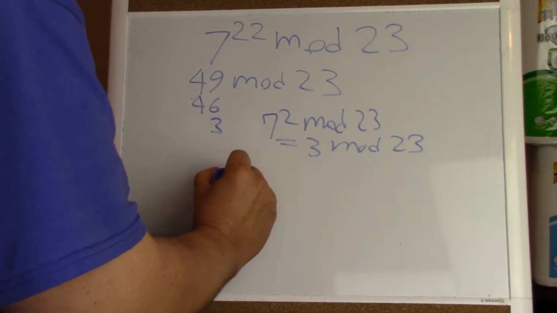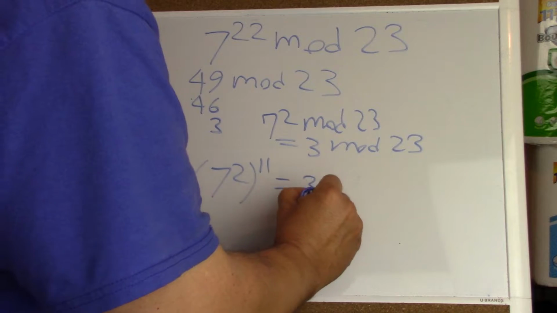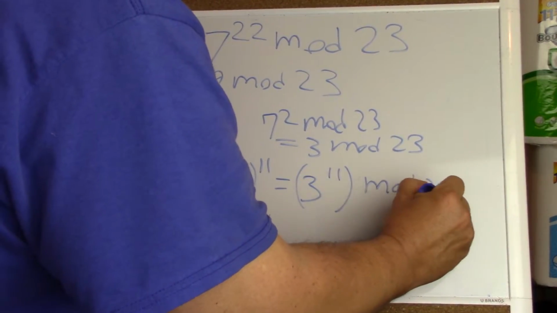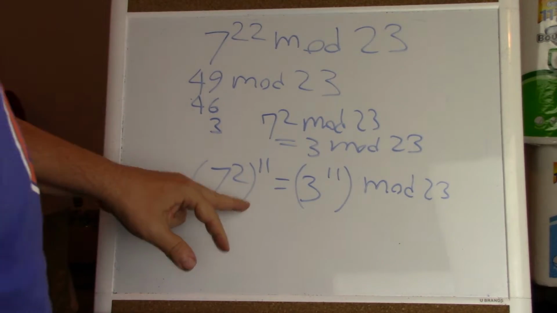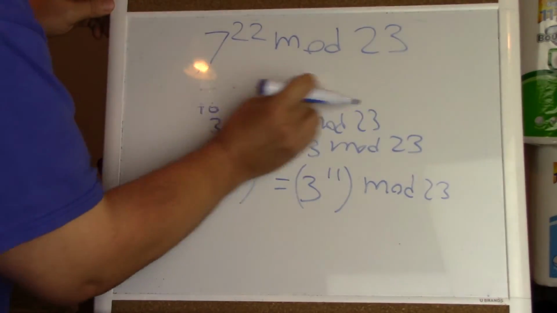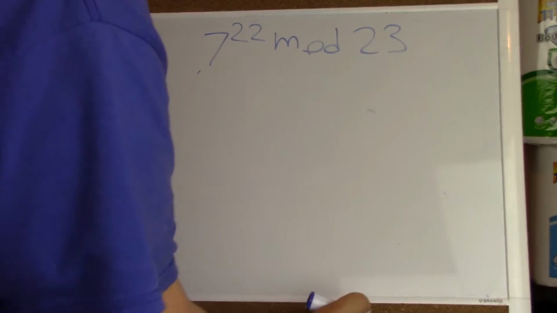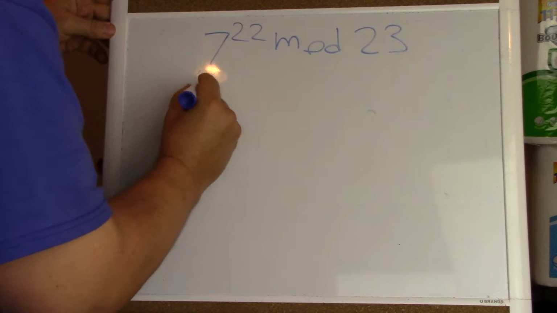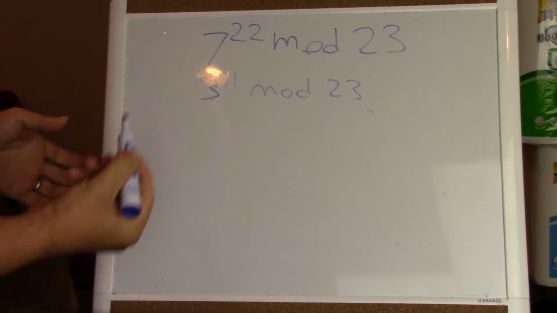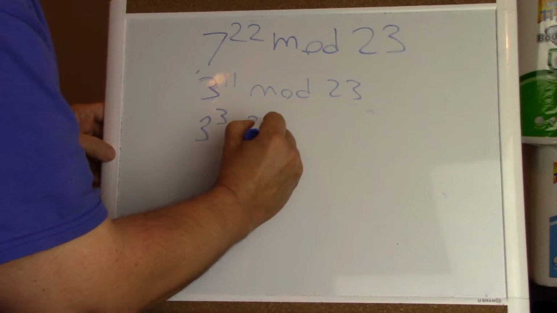That means that 7 squared to the 11 power is equal to 3 to the 11 power mod 23. That's what we really have here. Okay? So let's just take it and do it. So 3 to the 11 mod 23. How about we do 3 cubed, which equals 27.